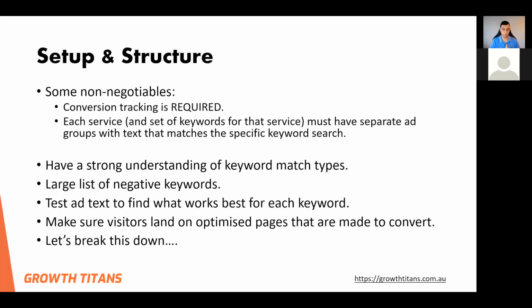So if someone's looking for a termite inspection, the ad that they see needs to mention termites and inspections and perhaps a call to action like call us today for a free inspection, right? It needs to be very specific as compared to Bob's Pest Control, which is the ad everyone sees no matter what they've searched for. You're going to be spending money on clicks that are not going to convert.